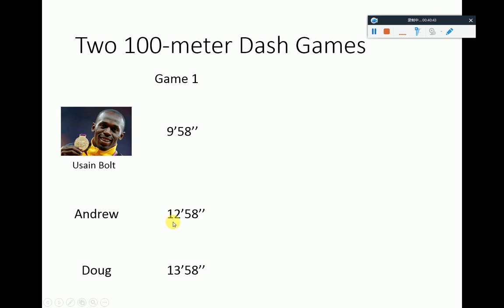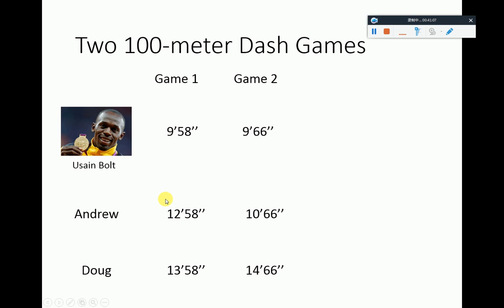Andrew's performance is 12 seconds, 58, and Doug's performance is 13 seconds, 58. So Andrew said, "Well, okay, let's do it one more time and see if I can get any faster."